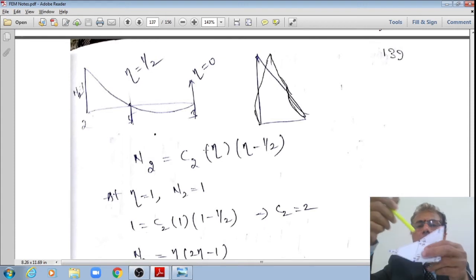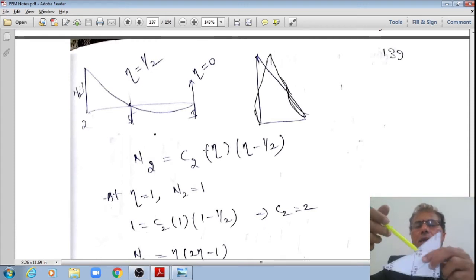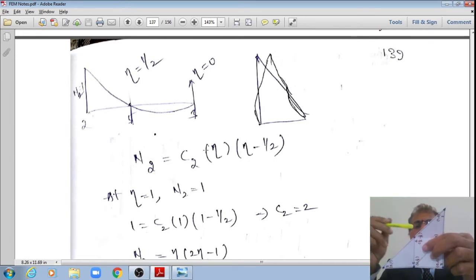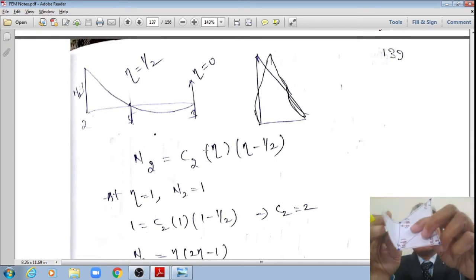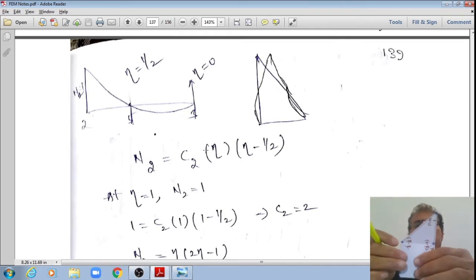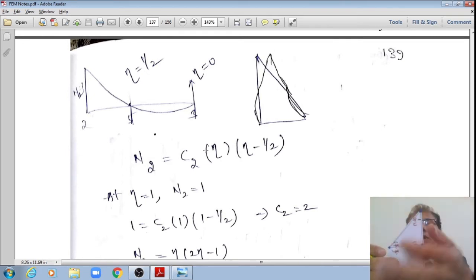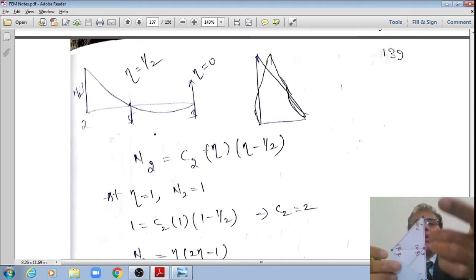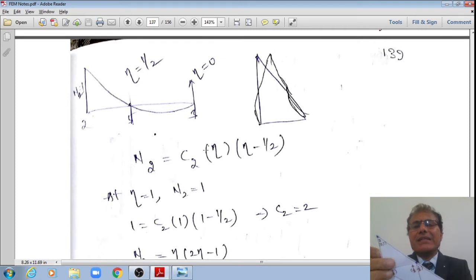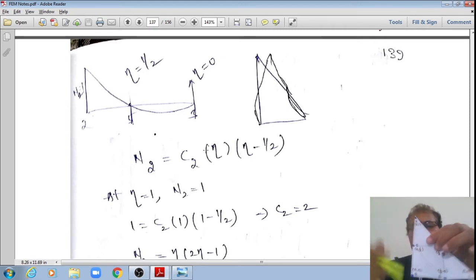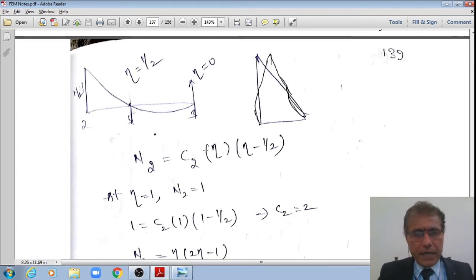By the time it goes to the line connecting 4 and 5, it becomes 0, and later onward there is 0 contribution from that line up to the line connecting 1 and 3. That is how the variation of the shape function is depicted here.